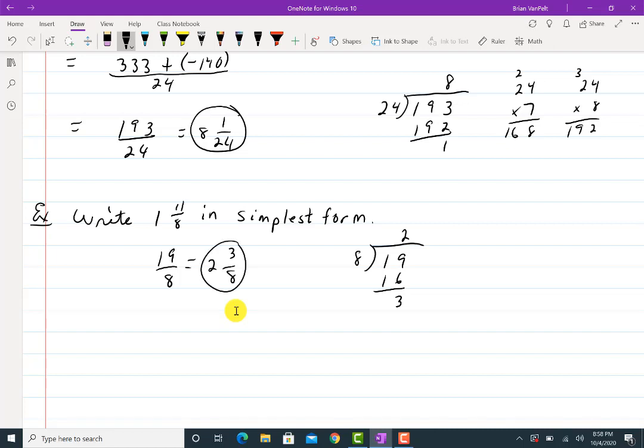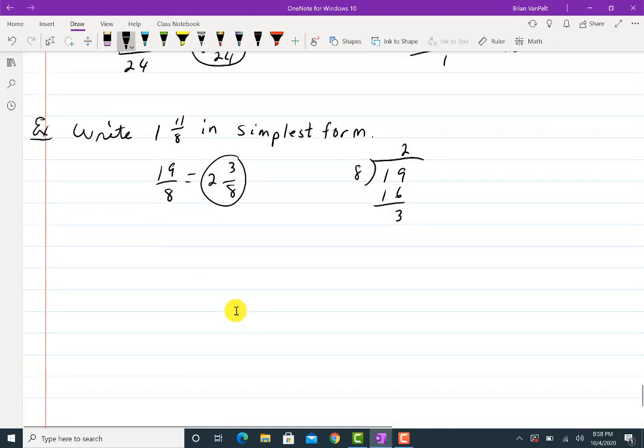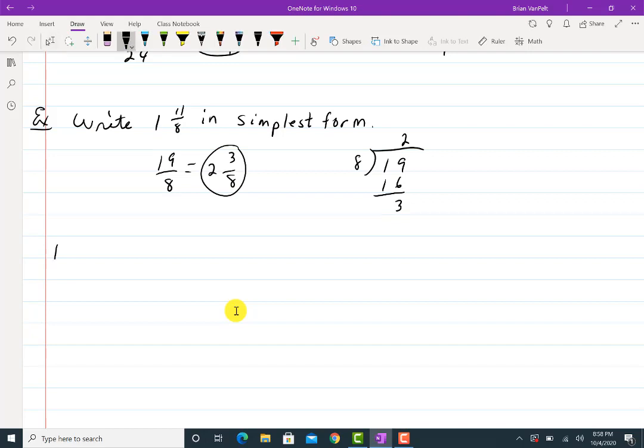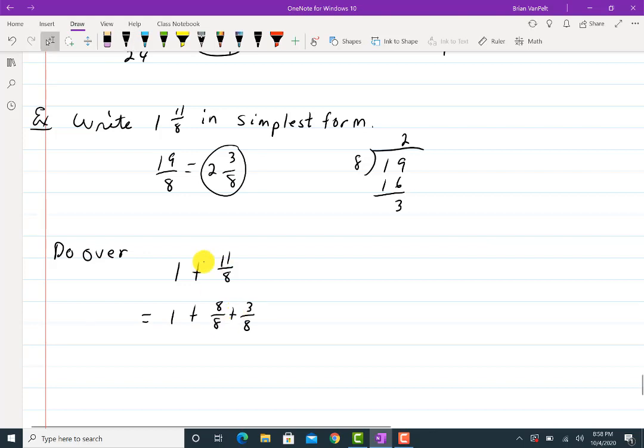That version is simplified. Let me show you something else. One thing you could have done is this. Basically what I did here, when I took this 8 over 8 out, that's 1. So if you will, I didn't factor 1 out, but I pulled a 1 out of there.